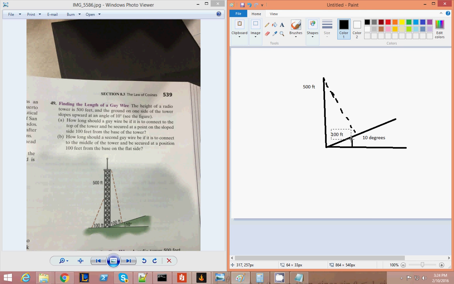But we need to know what this side is. Since this was a 90-degree angle and 10 degrees is already taken up, this leaves us with 80 degrees.